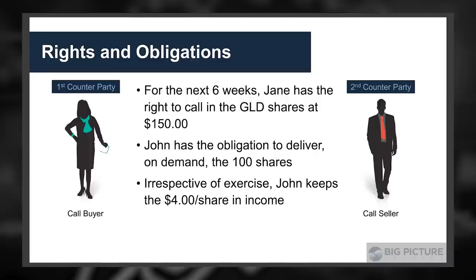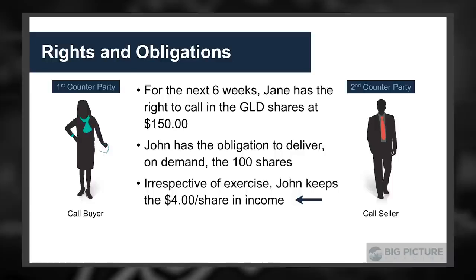Right now, I just want to make everyone understand that there's this contract between the two counterparties. In this situation, for the next 6 weeks, Jane has the right with the call option to call in those GLD shares at $150. Now, John has that obligation to deliver those 100 shares, irrespective of whether Jane exercises or does not exercise.